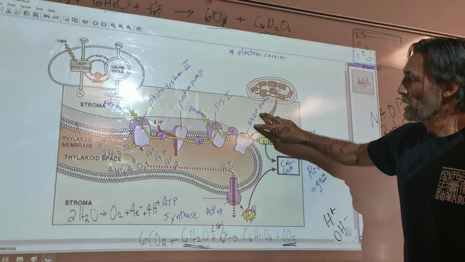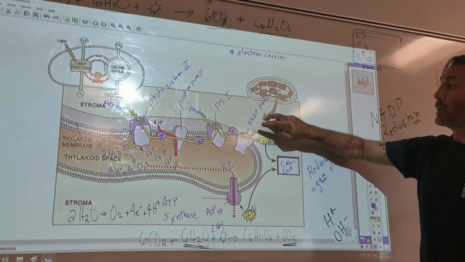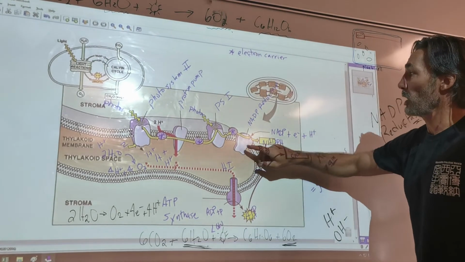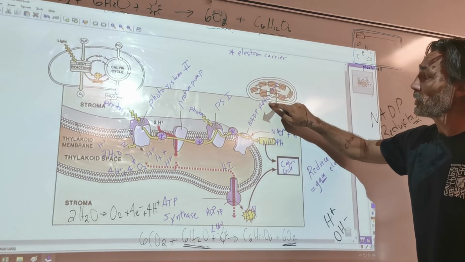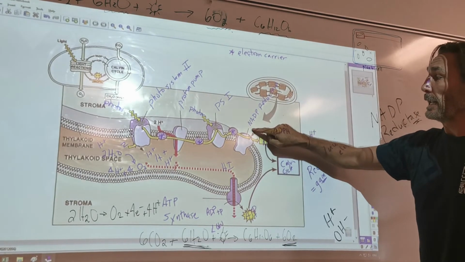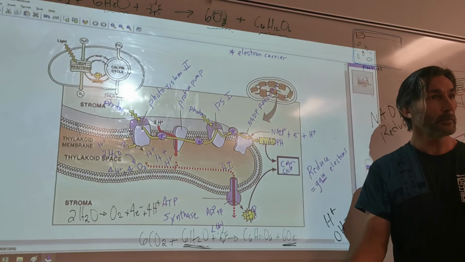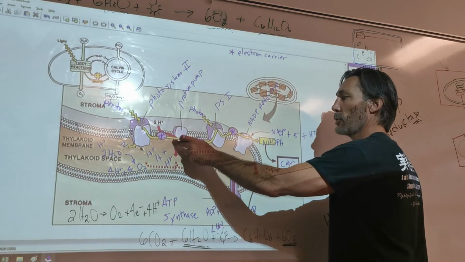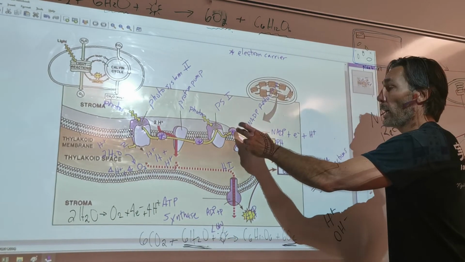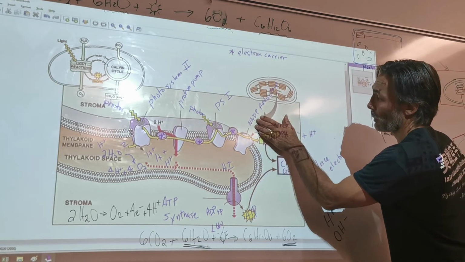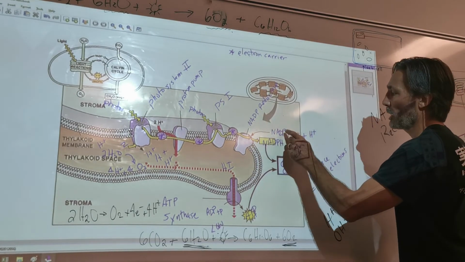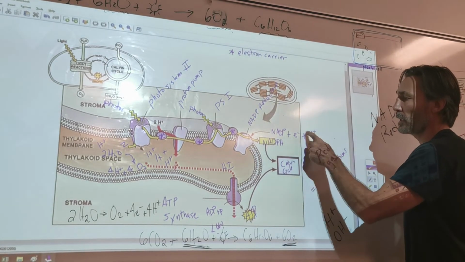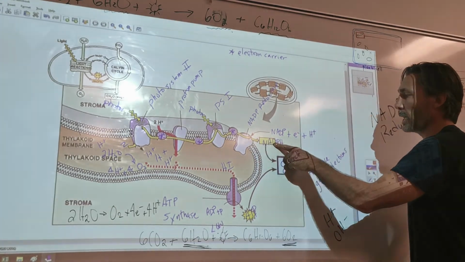And what's going to gain electrons? NADP, okay, which is floating around in here. So this enzyme is going to reduce, or give electrons to, NADP. Where are electrons coming from? Through the electron transport chain, okay?